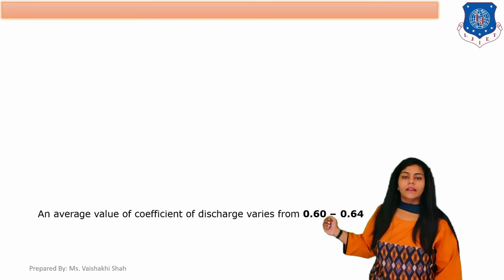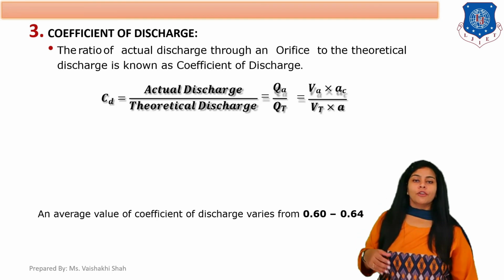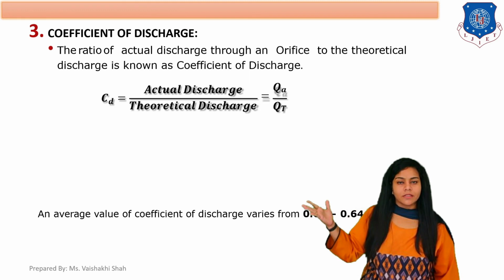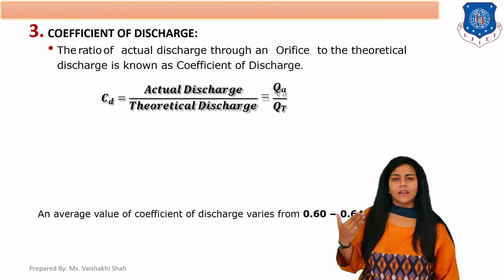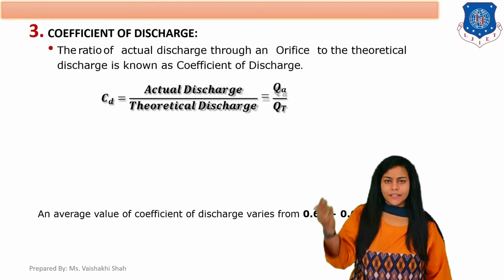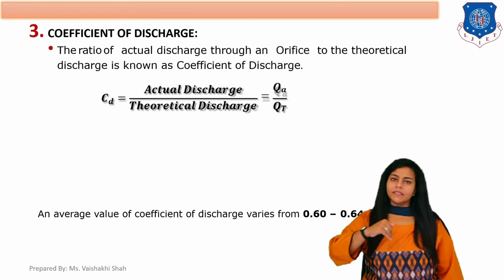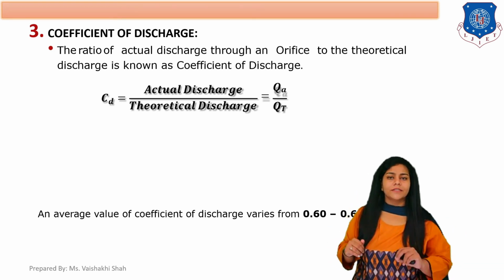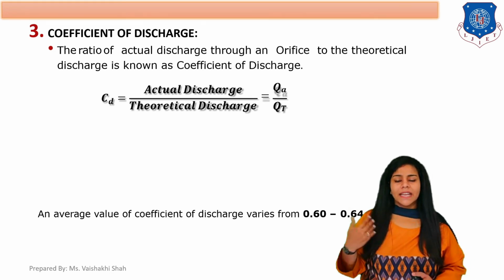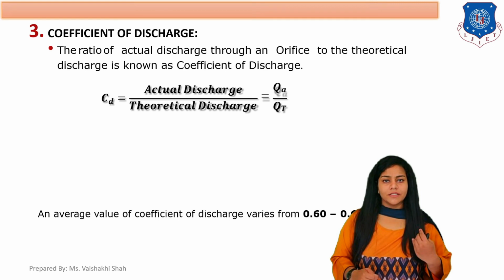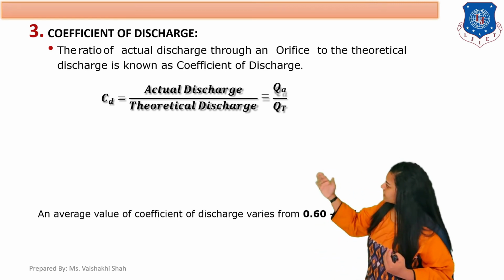Okay, and our third coefficient is the coefficient of discharge. As we know, for velocity it is actual by theoretical, and for Cc it is actual area by theoretical area. Likewise, the coefficient of discharge is the ratio of actual discharge to theoretical discharge, indicated as Cd.